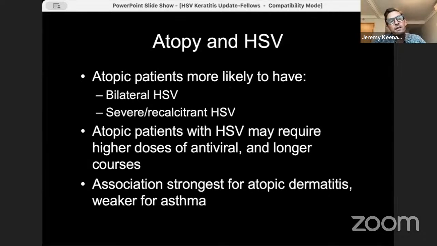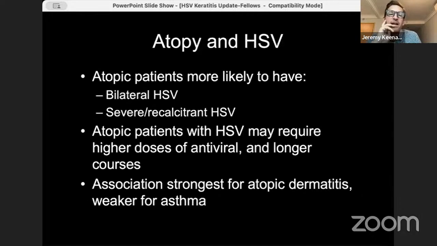It's important to know about the relationship between atopic disease and herpes simplex virus. So atopic patients are going to be more likely to have bilateral herpes disease and also more severe disease. They're going to need higher doses of antiviral, and they're going to need to be on antiviral for a longer period of time. So it's good to educate them about this, that their disease will be worse.